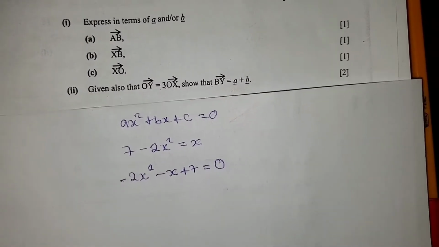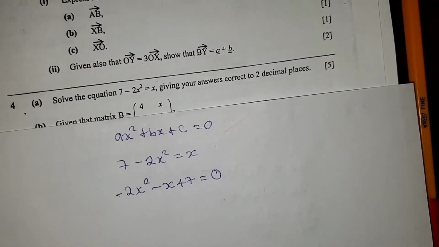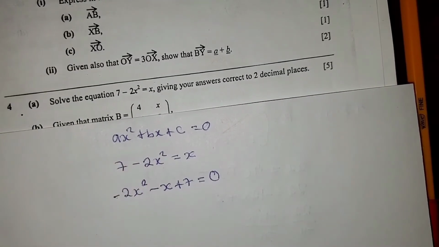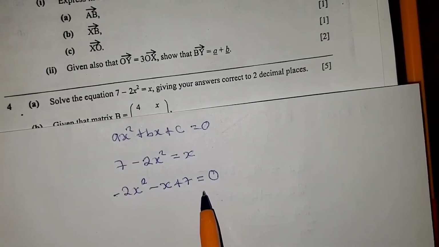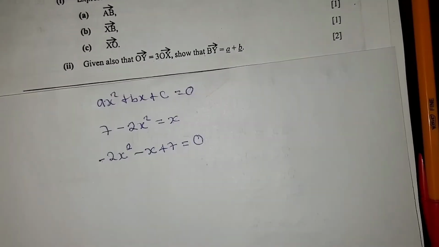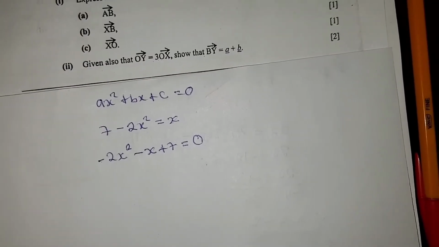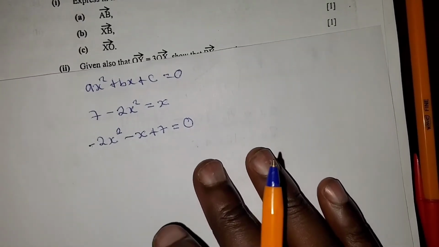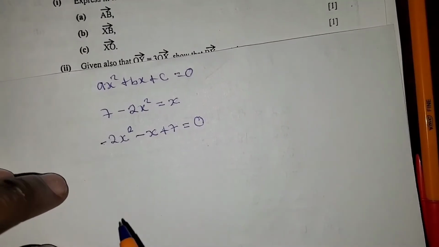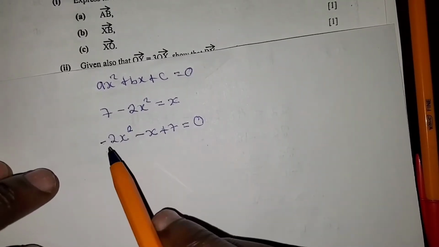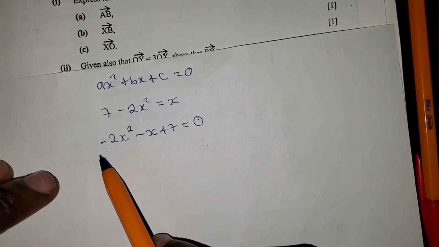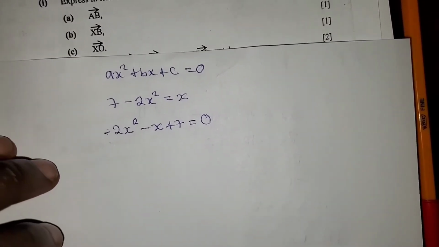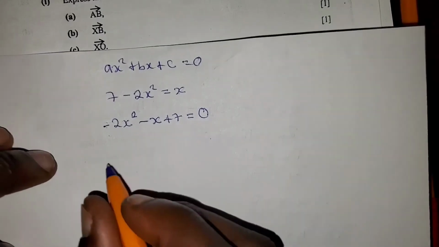Okay, so now that we've come up with this quadratic equation nicely, take note guys that you can solve it the way it is, or you can divide throughout by negative, or multiply throughout by negative. So it's fine. Let's solve the way it is so that we don't complicate things.